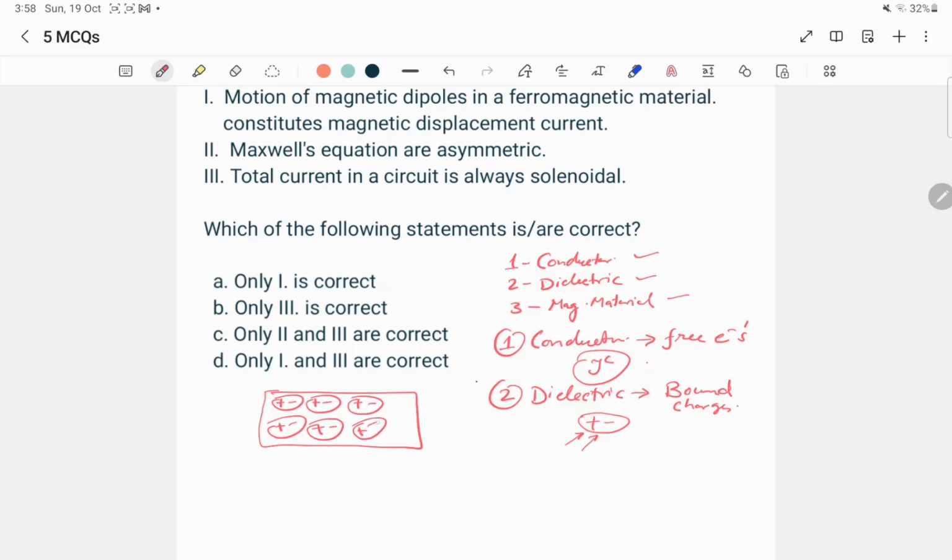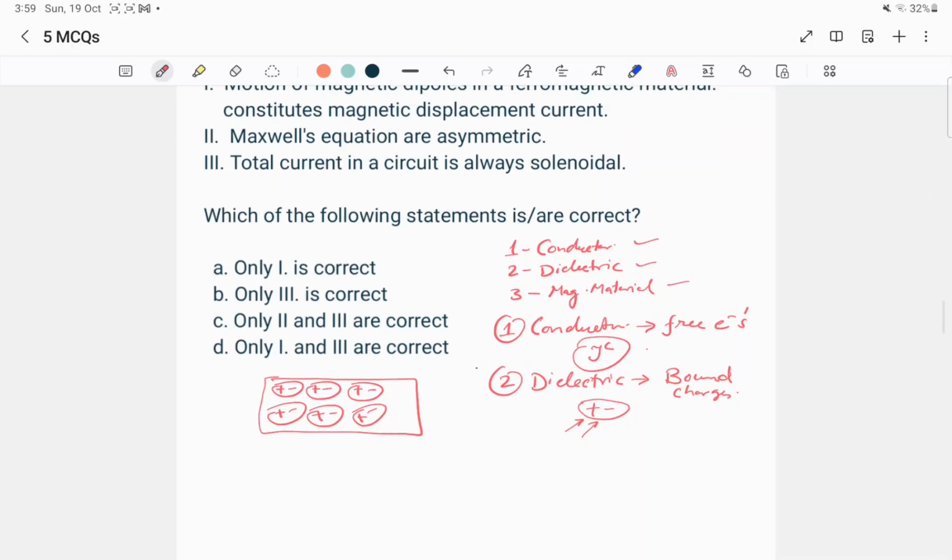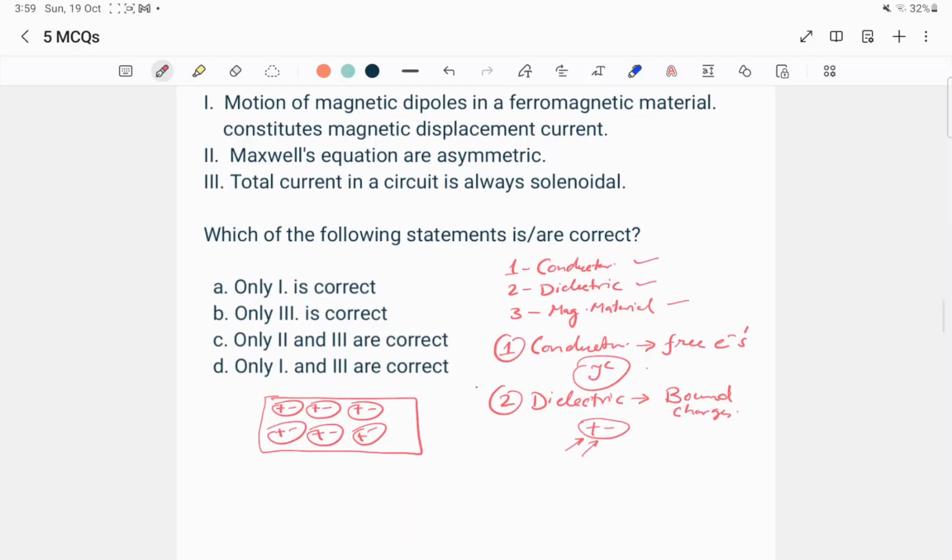Usually they are not aligned in the same manner, they are rotated in different fashions. When these bound charges tend to move in the vicinity of an electric field, they constitute a type of current which is called displacement current. Since this is happening in a dielectric and these bound charges are electric charges, we call it electric displacement current.